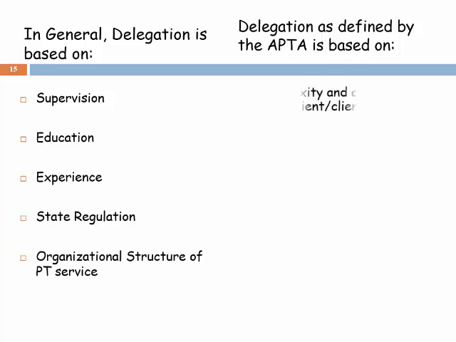The first is complexity and acuity of the patient's needs. So, for example, if a patient is very stable, a PT may feel comfortable in delegating duties to the PTA. However, if the patient's condition is rapidly fluctuating, the PT may want to perform all the treatments.